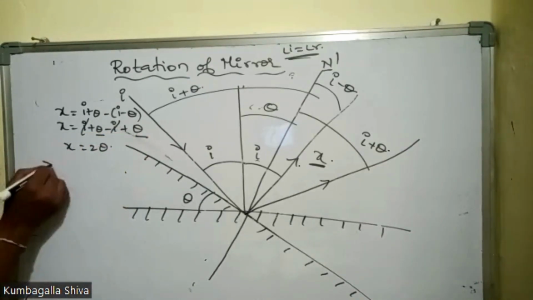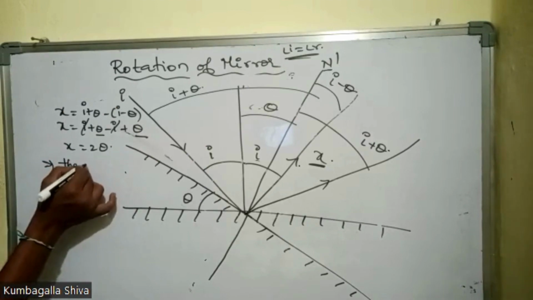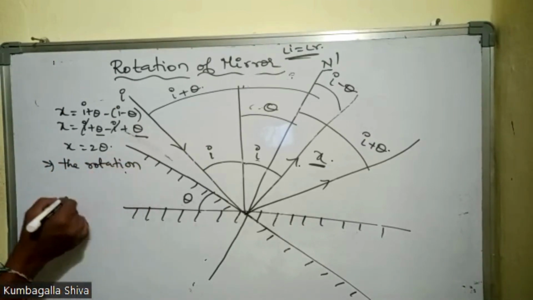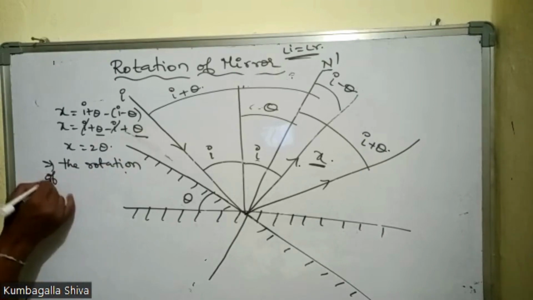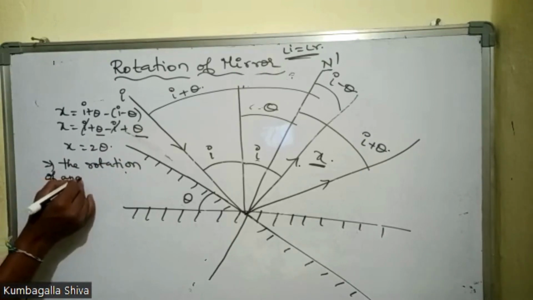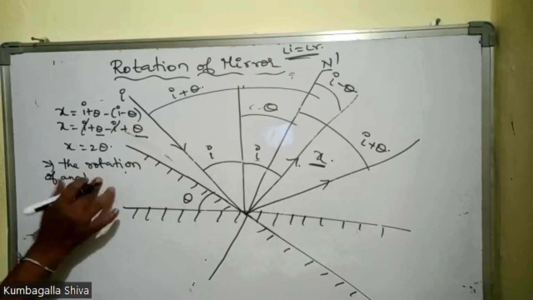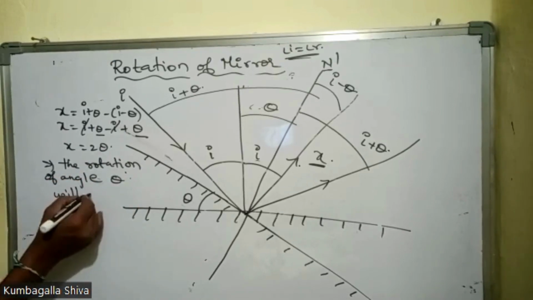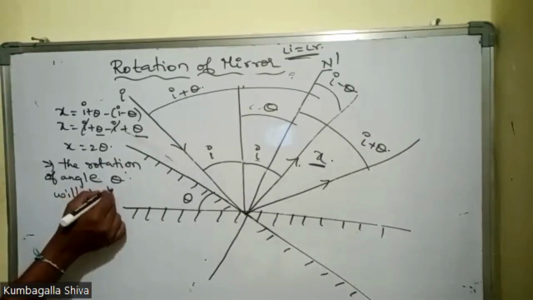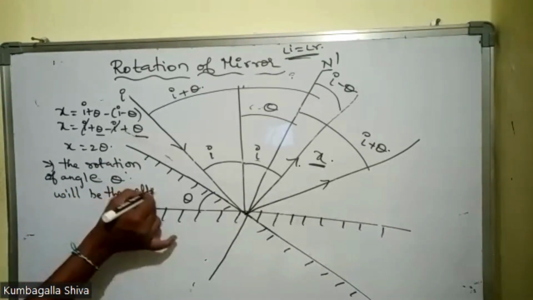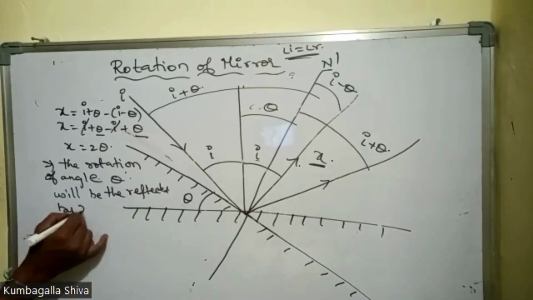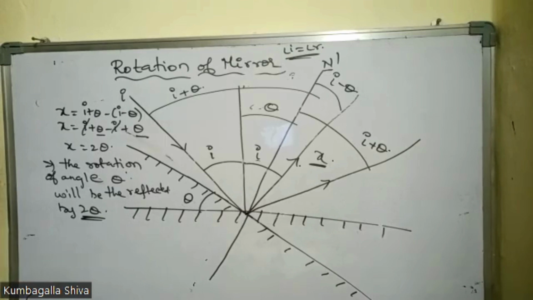So we get that the rotation of the mirror by an angle theta will rotate the reflected ray by 2 theta. Are we clear?